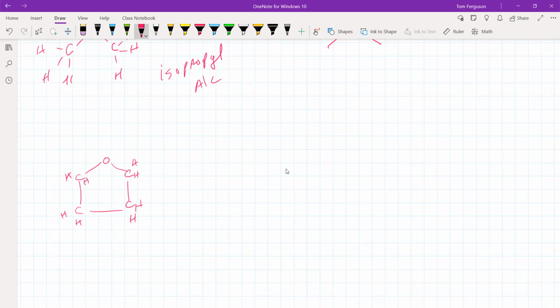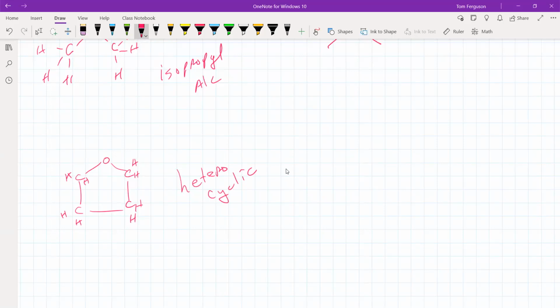So, okay, we have a cyclic compound, and this is called a heterocyclic because it's not all carbons, it's got an oxygen in there.